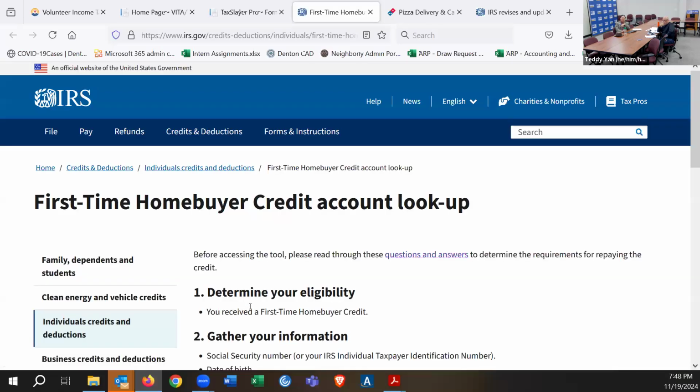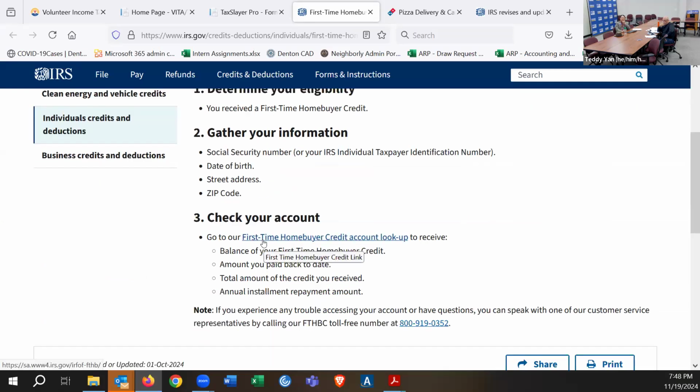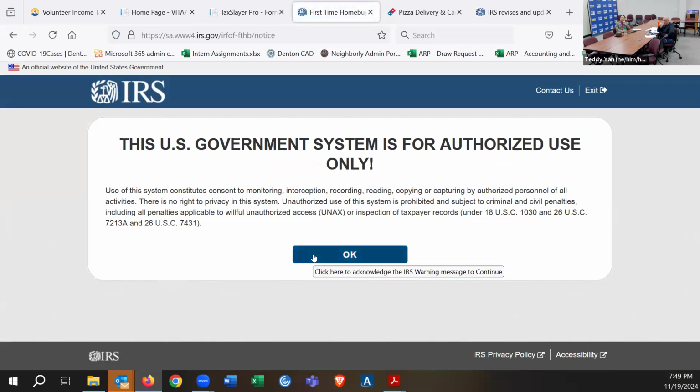When you click on the click here button, it'll take you to an account lookup tool. And using these four things, you can go to their actual first-time homebuyer credit account lookup, and it's going to say, oh, don't misuse this.